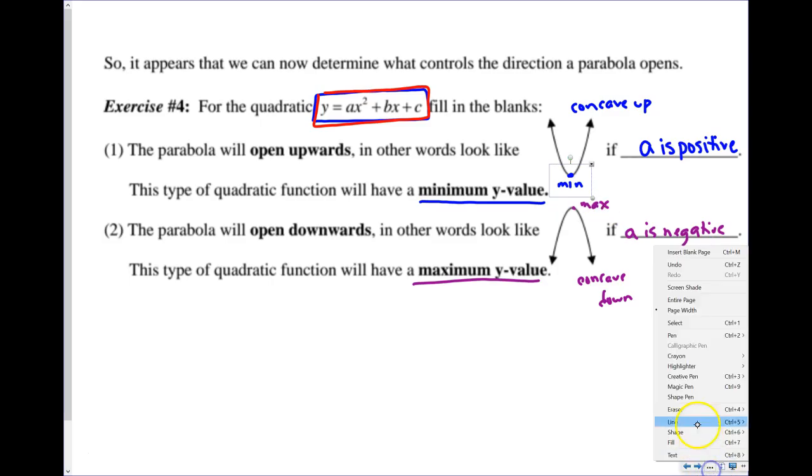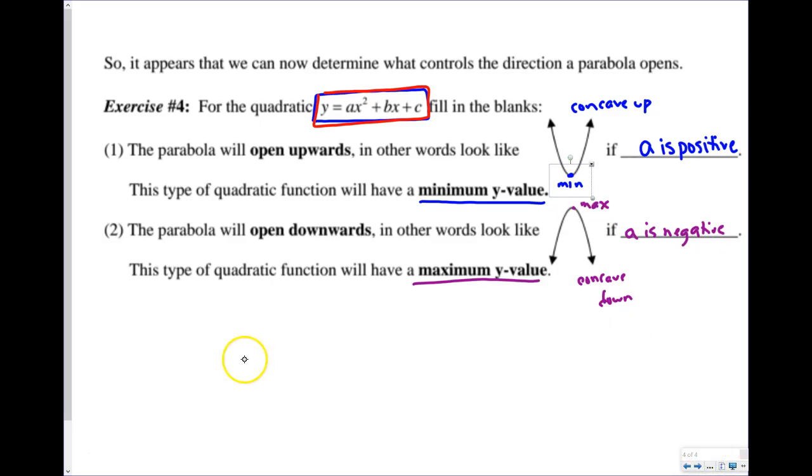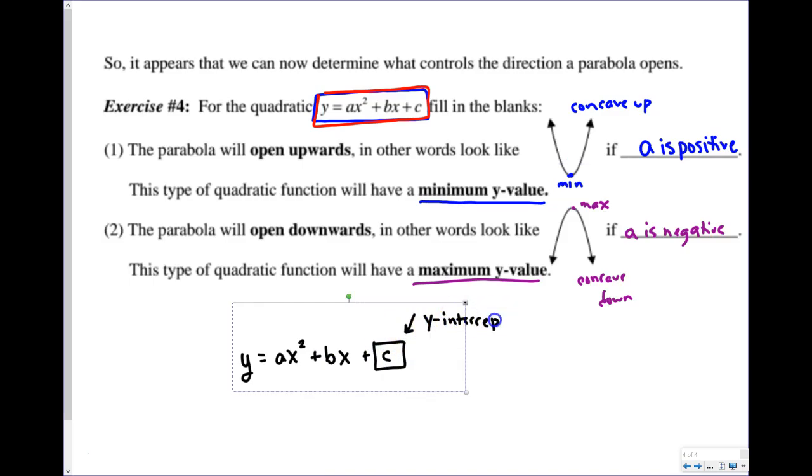I also want to point out, and the lesson doesn't do this, but I want this to be part of the lesson, when you have ax squared plus bx plus c, this right here is your y-intercept. Okay? It's the place where the graph crosses the y-axis. So here would be your y-intercept at c.